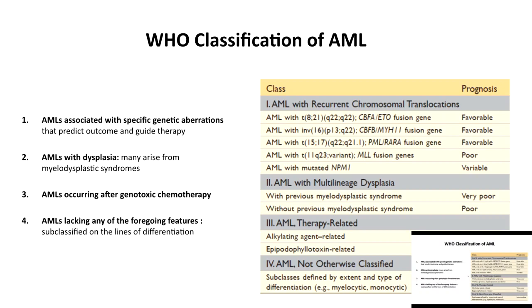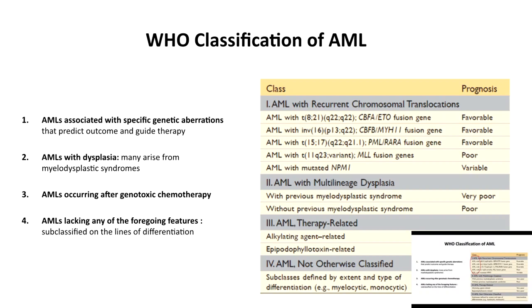What we see here is that of the four classes of acute myeloid leukemia, this is the class of most interest, the AMLs that are associated with specific genetic aberrations.